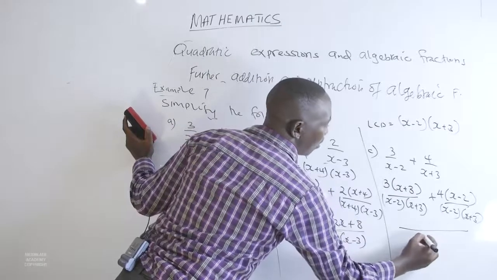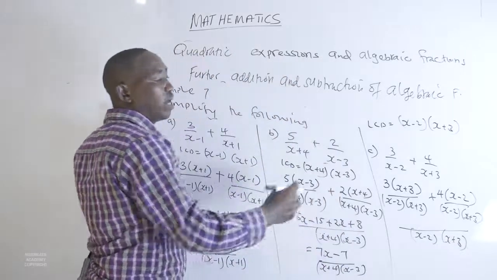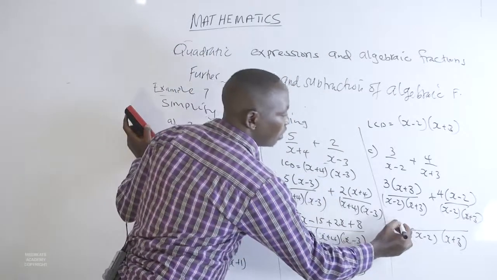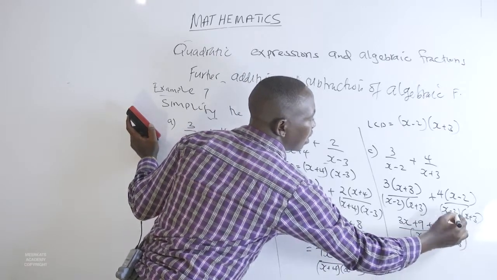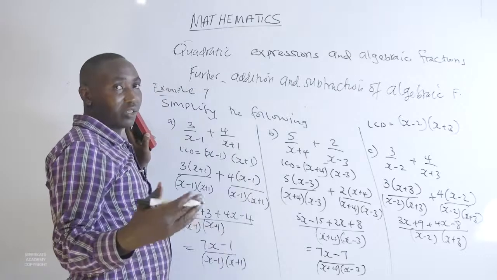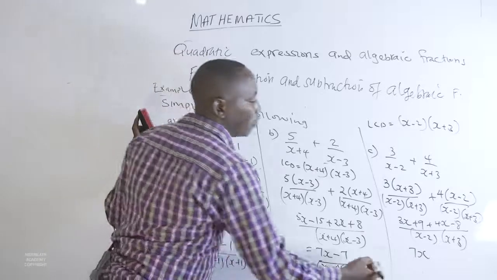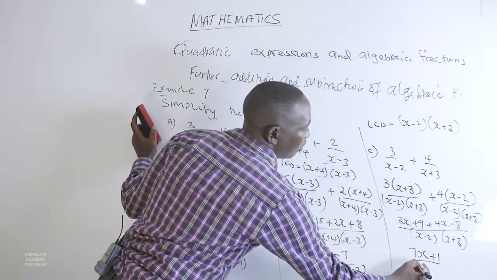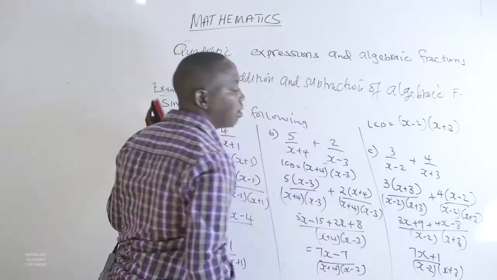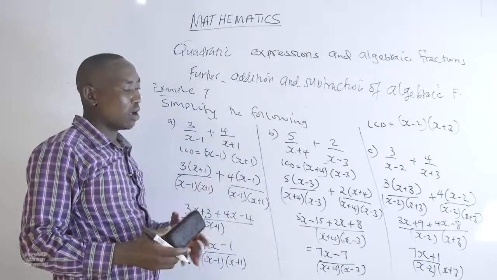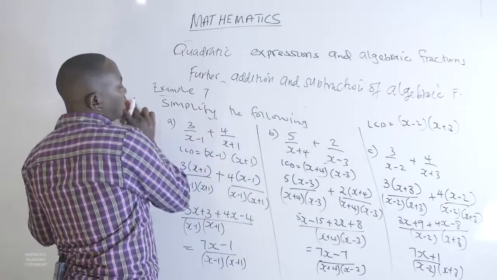So when we write this under one denominator, x minus 2, x plus 3, then we expand the numerator, we're going to have 3x plus 9 plus 4x minus 8. 3x plus 4x will give us 7x. 9 minus 8 will give us 1 all over the new denominator x minus 2, x plus 3. So that's how they can be solved. Example 8.